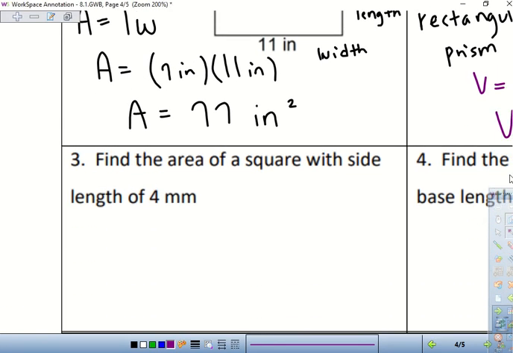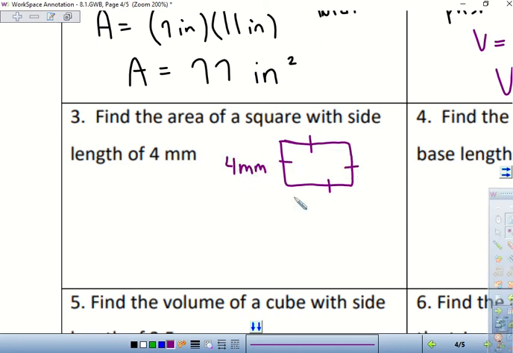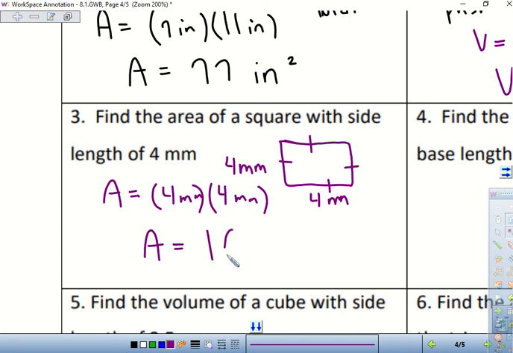Find the area of a square with a side length of 4 millimeters. So if we have a square, what's the property of squares? All the sides are the same. Good. So if we know that the length is 4 millimeters, what's the width? Also 4 millimeters. So area is going to be 4 mm times 4 mm, which is 16 millimeters.